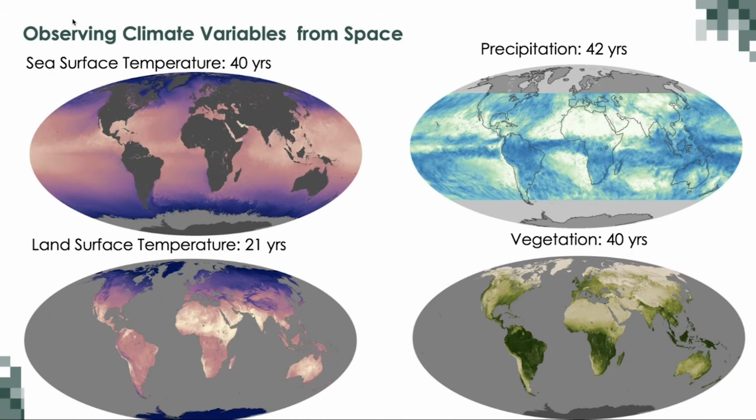So here are examples of NASA climate datasets that can be used in understanding environmental signatures associated with outbreaks of various climate-sensitive diseases.